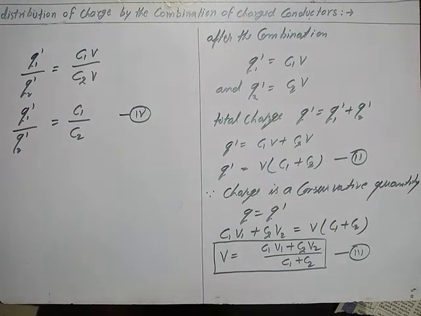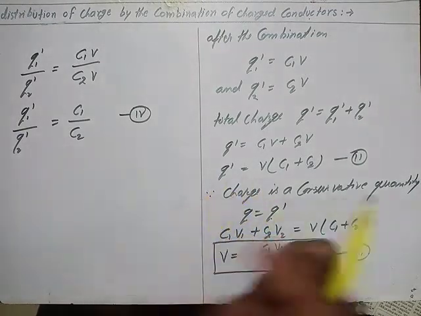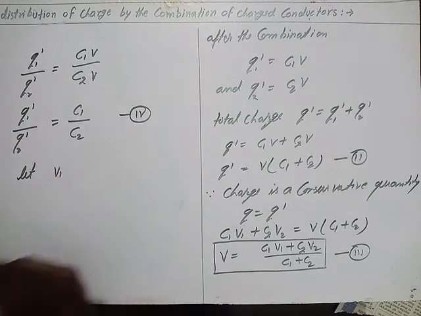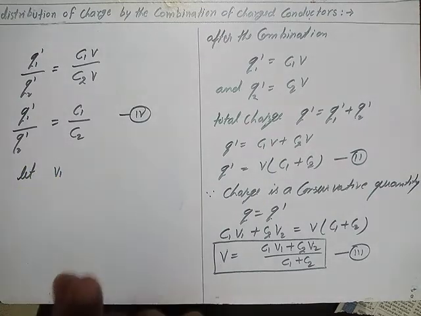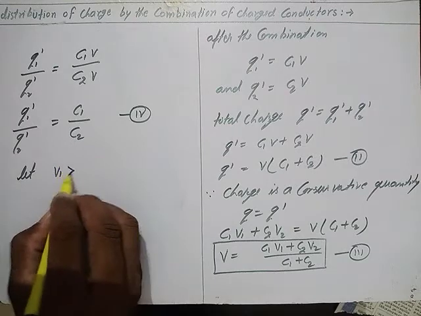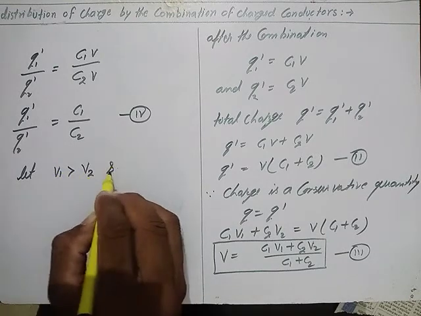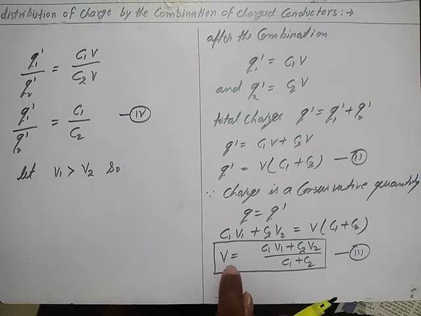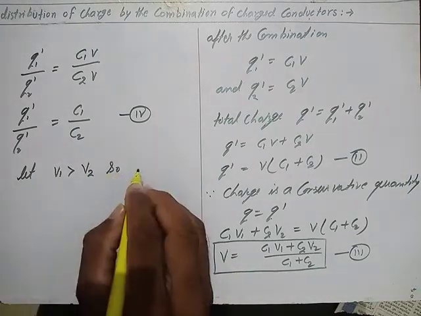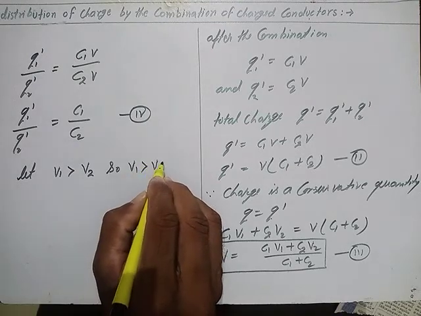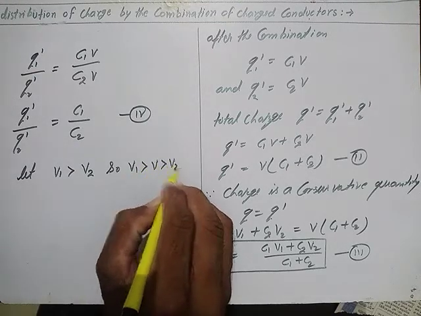Now we will find the changes in potential of conductor A and conductor B. Let the potential of conductor A be greater than the potential of conductor B. So the value of common potential will be such that V1 is greater than V and V is greater than V2.